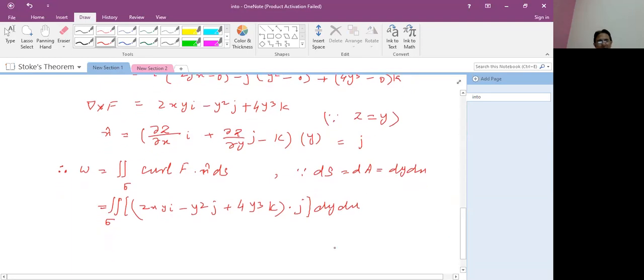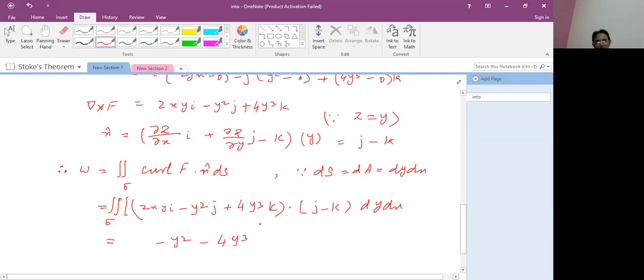which is equal to minus y squared minus 4y cubed. k dot k is 1, j dot j is 1.